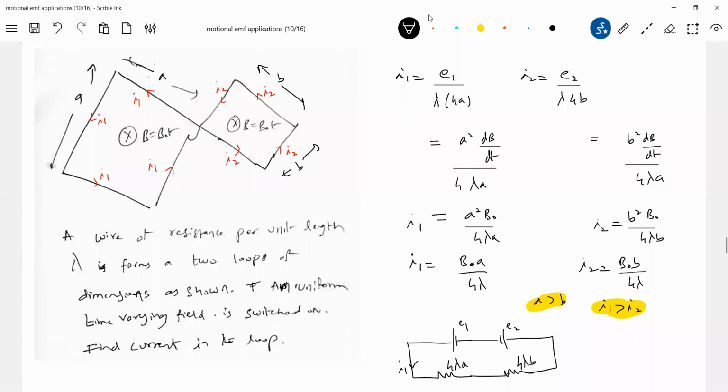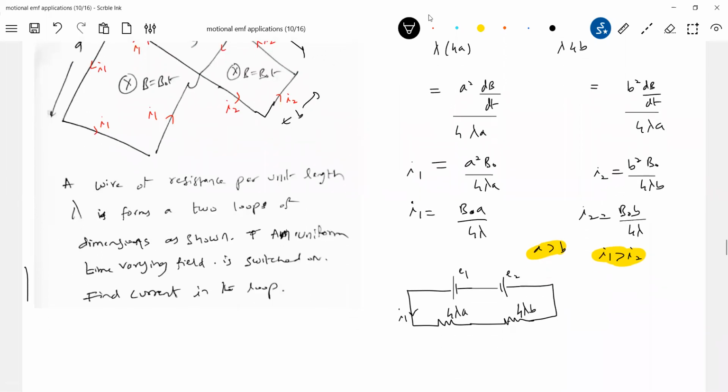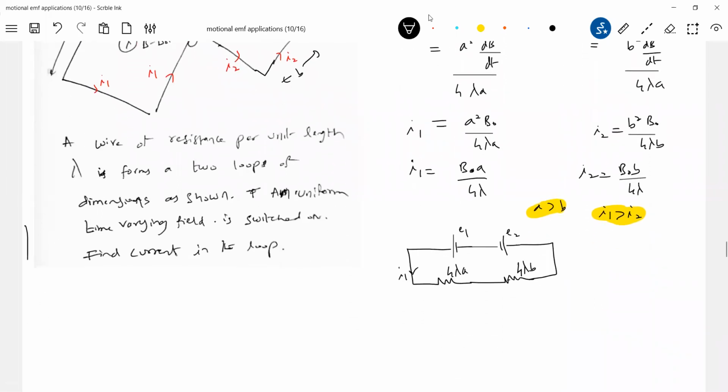So is it justified, solving like this with I1 minus I2, or shall I do it by the circuit method? Let me solve by the circuit method. We'll see what answer we get, then we'll verify it. So what is I equal to?